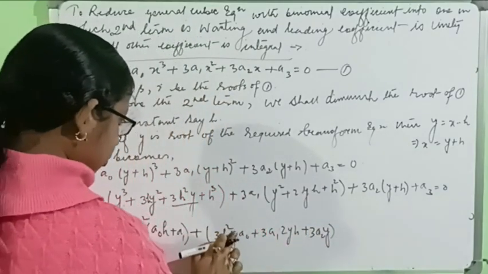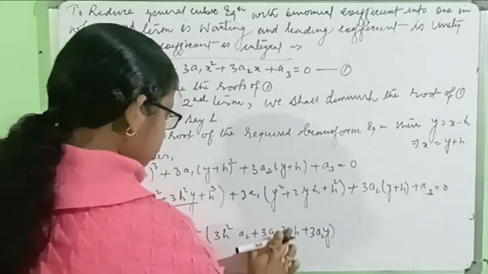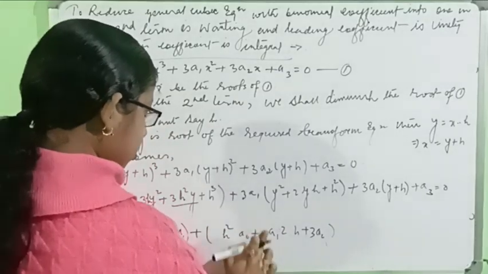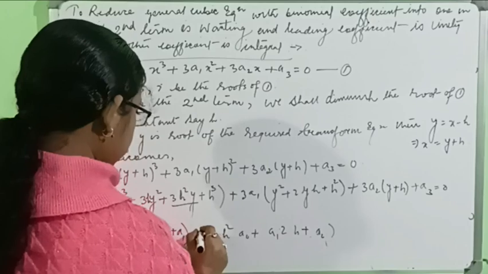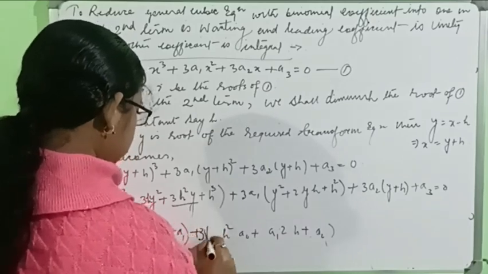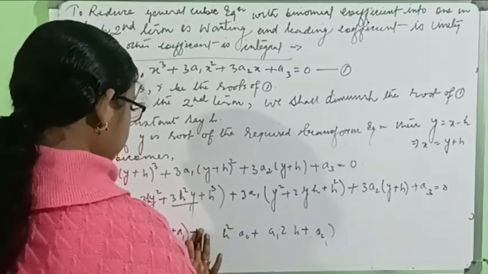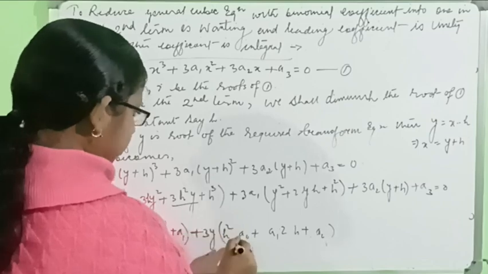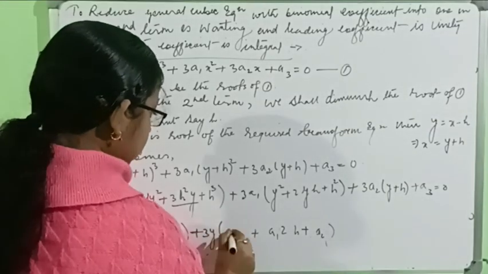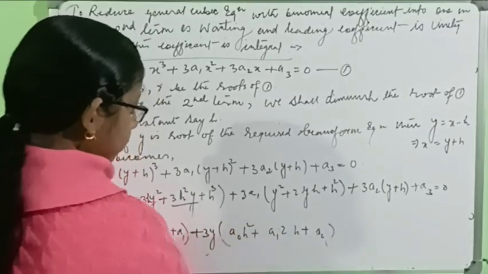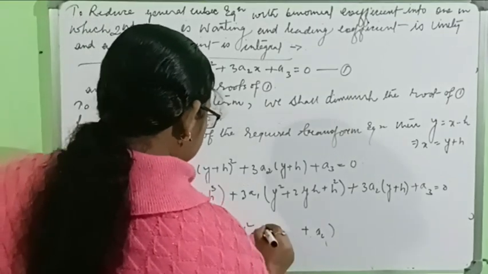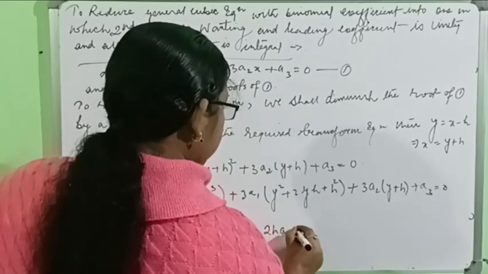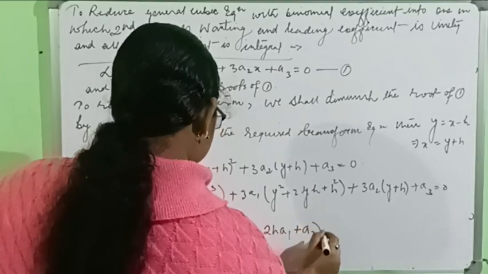So take 3y common, and within the bracket we have a naught h square plus 2a1 h plus a2.